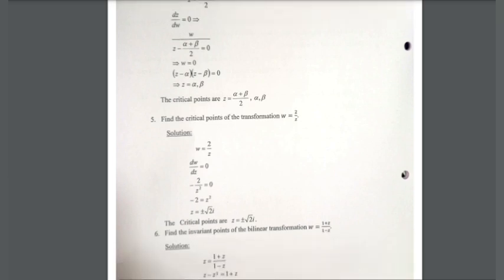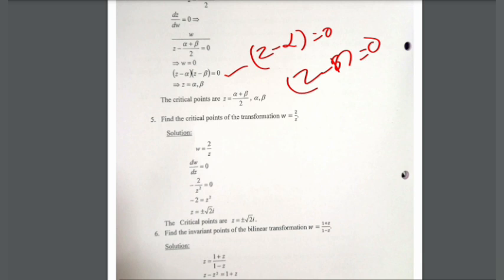I am substituting w value as 0, then z minus alpha, z minus beta is 0. So both z minus alpha equals 0 and z minus beta equals 0. Bring alpha to the other side. So I get z value as alpha and beta. So these are the critical points. Already we found alpha plus beta by 2. Here we found two critical points, that is alpha comma beta.